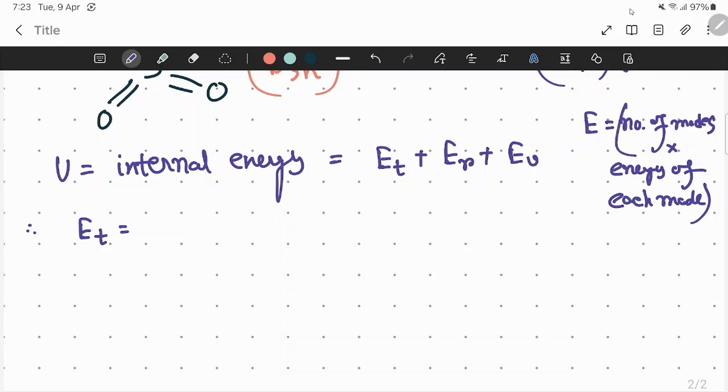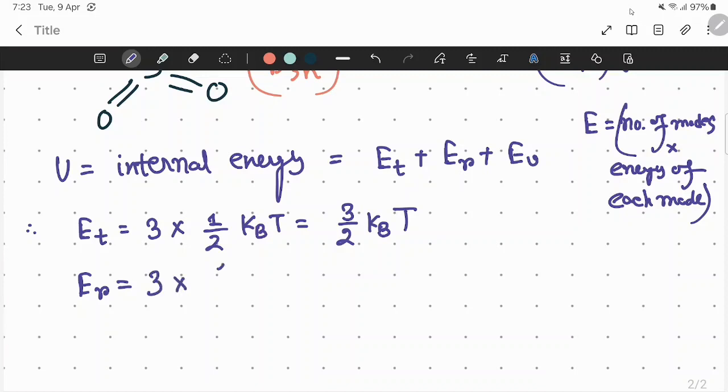The number of modes for translational is three, and the energy for each mode is half kBT. So 3 by 2 kBT. Similarly for rotational, this is a non-linear molecule, so three modes will be there. So again it is 3 by 2 kBT.